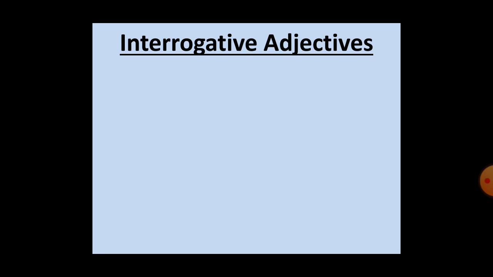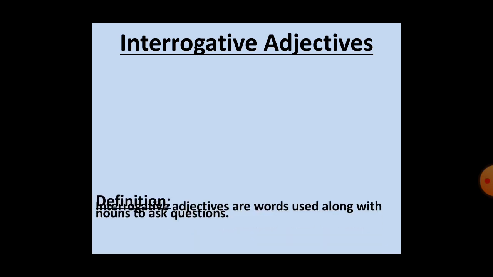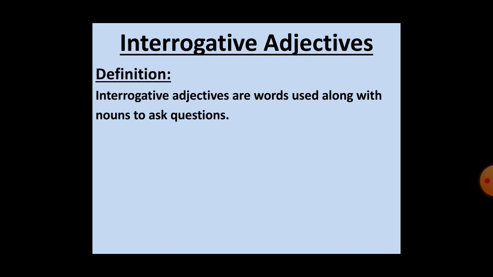Here comes interrogative adjectives. So an interrogative adjective shows what? Interrogation. Such an adjective is used to show interrogation before a noun. That is called an interrogative adjective. For example, which road shall we take?